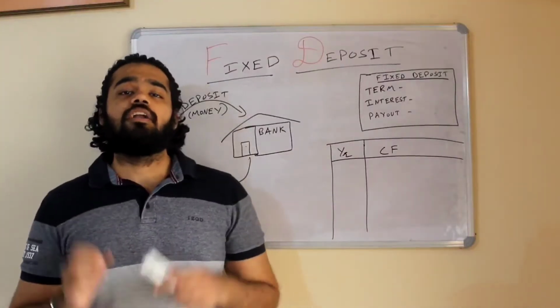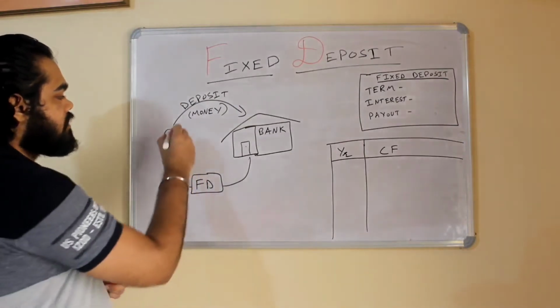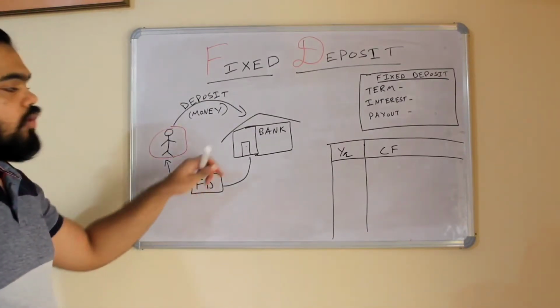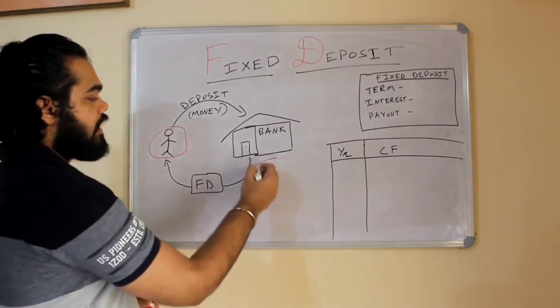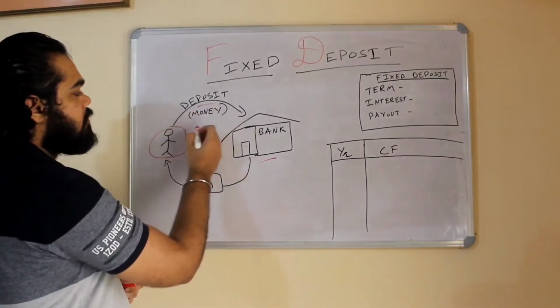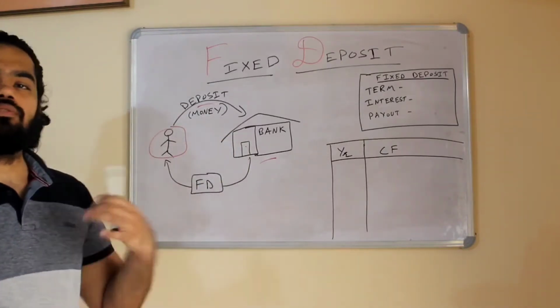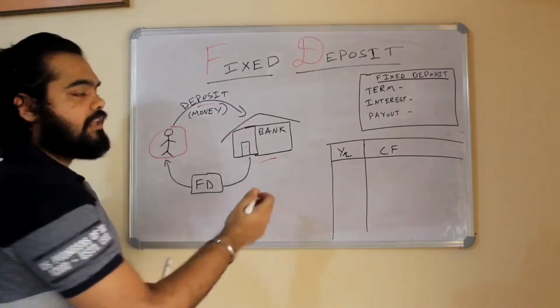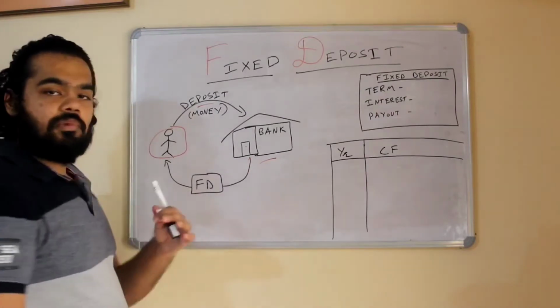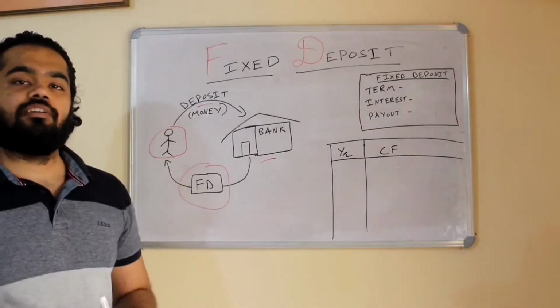So let us understand what is the FD and how does it function. Let's assume that there is a person who wants to open a FD. So he visits a bank and says that I want to open a FD. Bank says that deposit a sum of money, it could be 100 rupees, 1,000, 10,000, or whatever sum with the bank. And the bank against that money will issue a FD certificate to the person stating the terms of the FD.